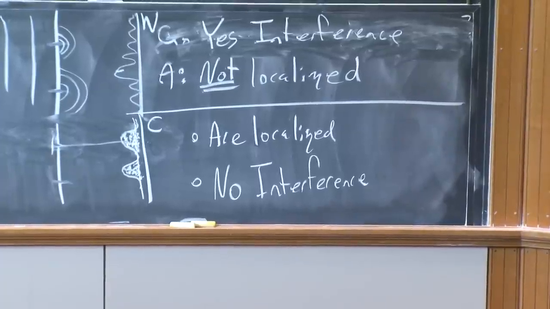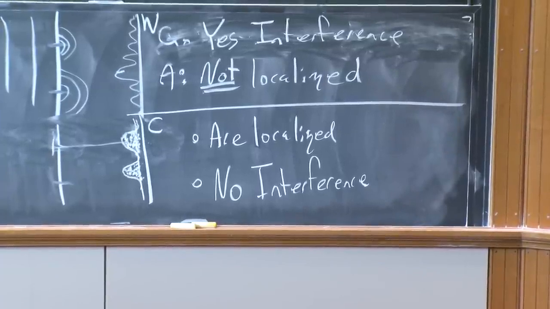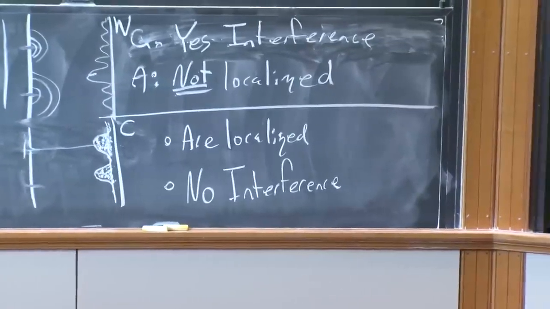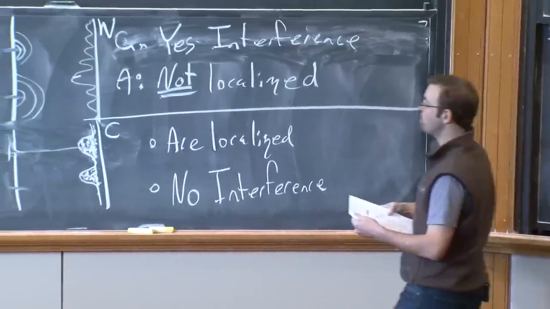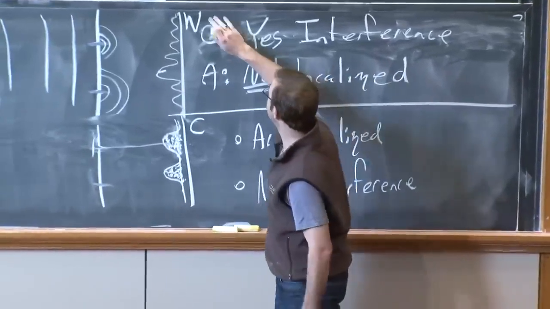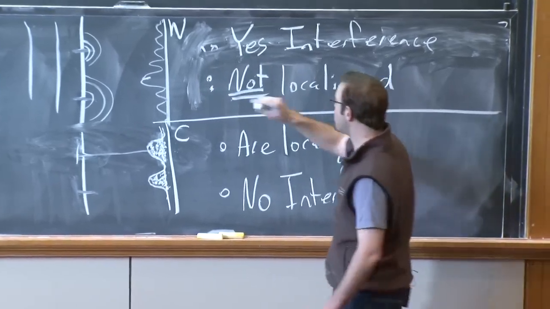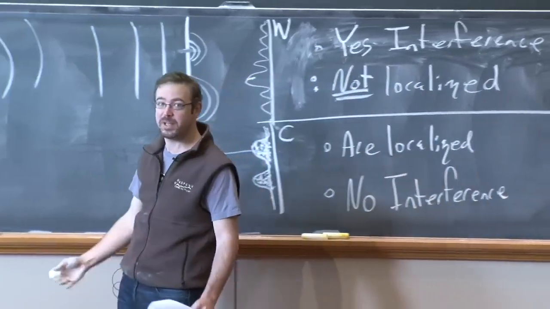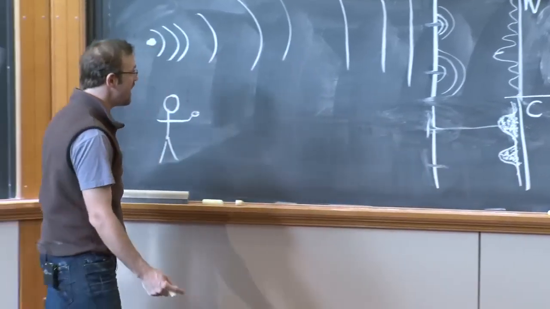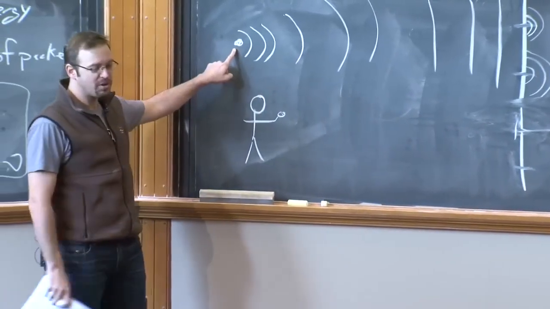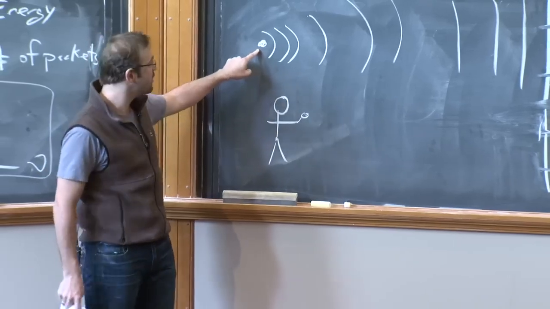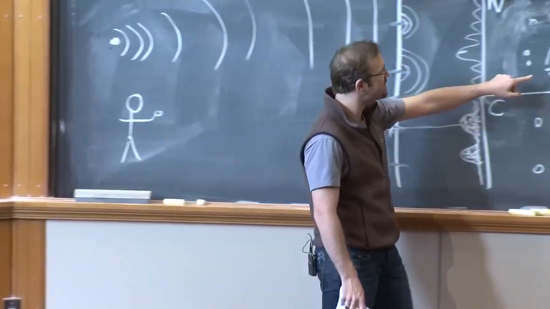On your problem set, you're going to deal with some calculations involving these interference effects, and I'm going to brush over them. Anyway, the point of the double slit experiment is that whatever else you want to say about baseballs or anything else, light, as we've learned since 1803 in Young's double slit experiment, behaves like a wave. It is not localized.